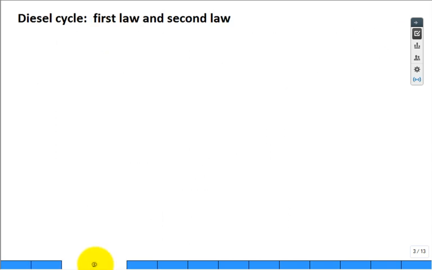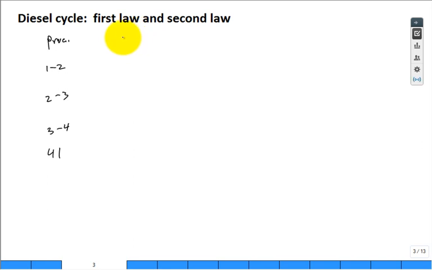Let's press forward. We want to be able to do the first law and the second law analysis for each of those processes. So for the process 1 to 2, then 2 to 3, then 3 to 4, and then 4 to 1, we want to be able to write the first law down.